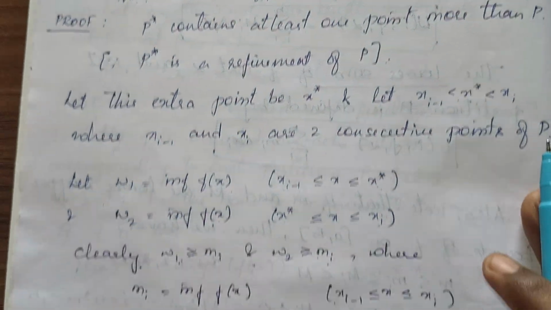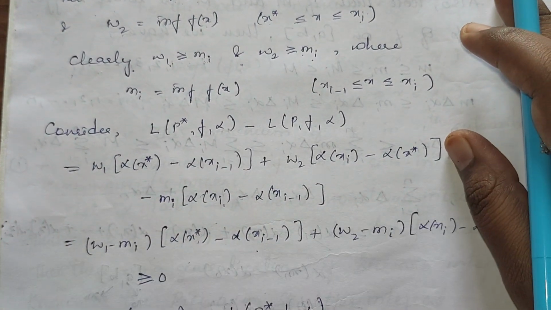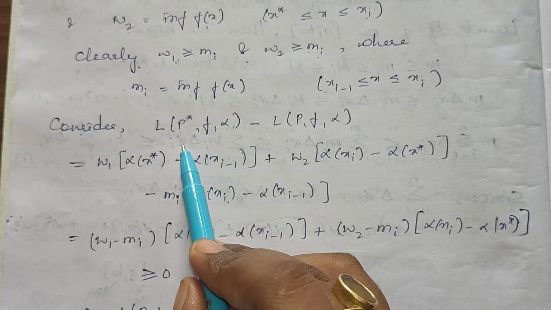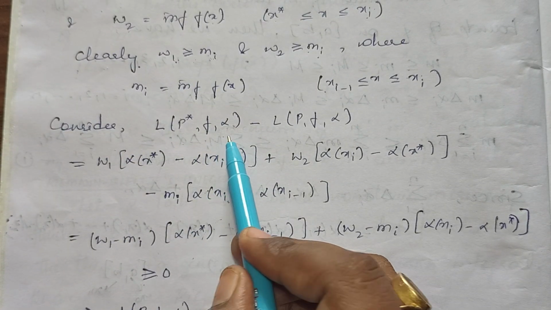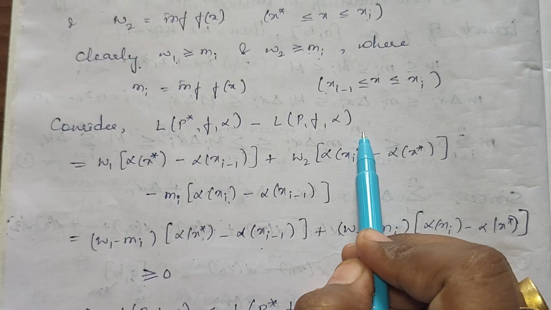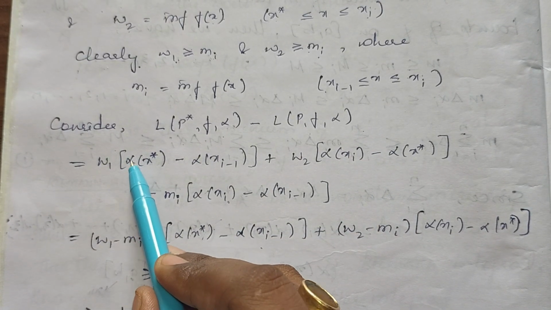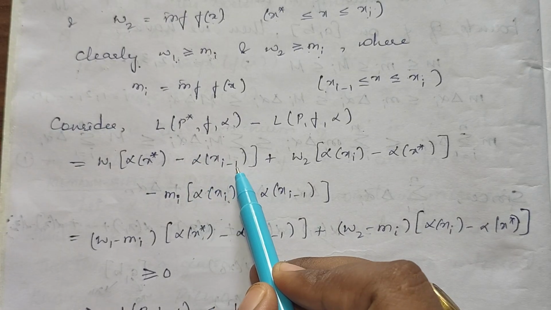Okay, so I am considering the difference now. So consider L of p star comma f comma alpha minus L of p comma f comma alpha. And see here, I have written W1 into alpha of x star minus alpha xi minus 1.